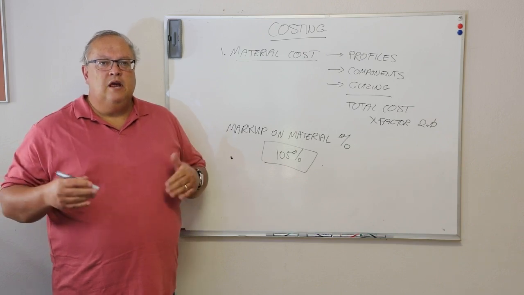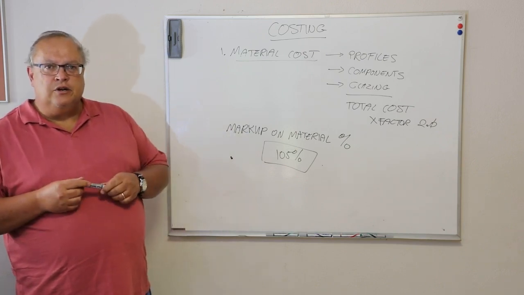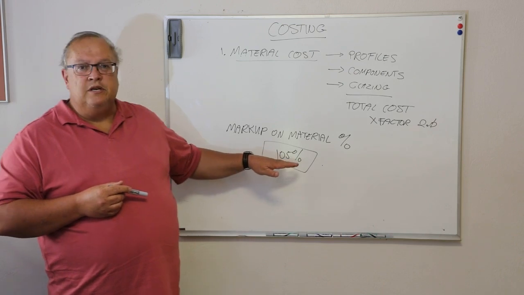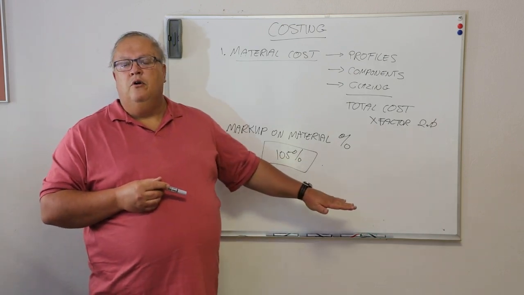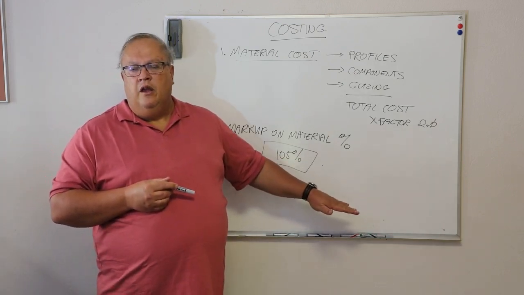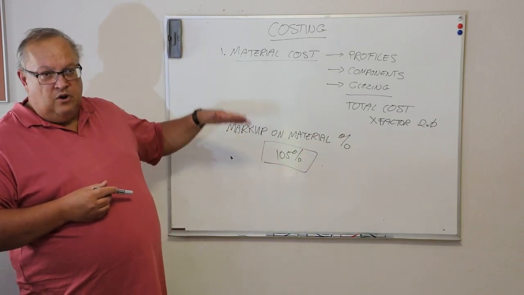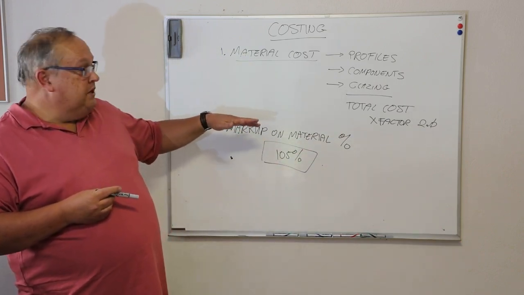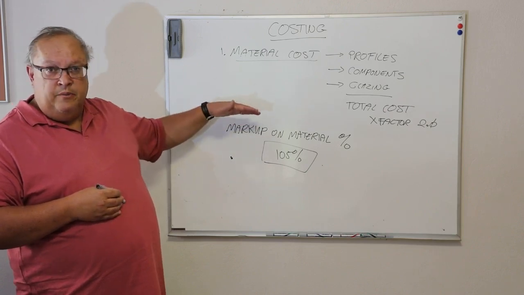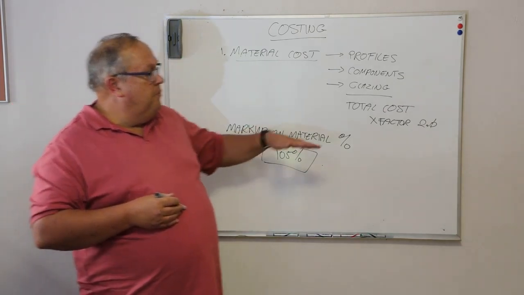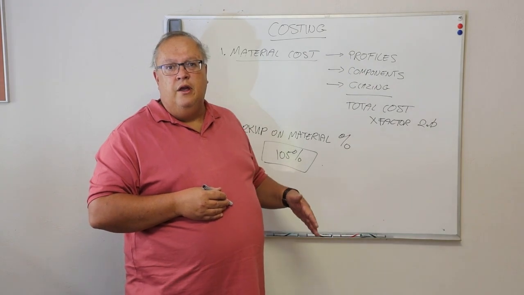So if by mistake I forget to allocate installation, then I will see this percentage markup will go very low. If I've maybe got an incorrect price, so I've got a price of glass, instead of 100 Rand a square meter, by mistake I put in 1,000 Rand a square meter, my percentage markup on material is going to go very high.